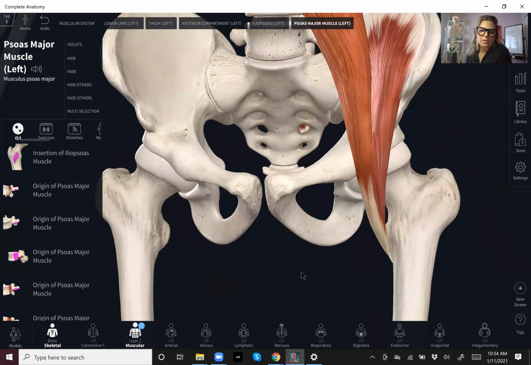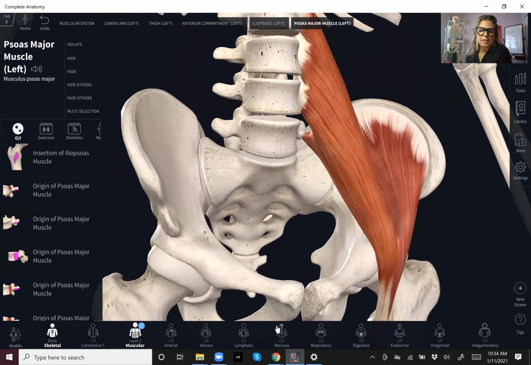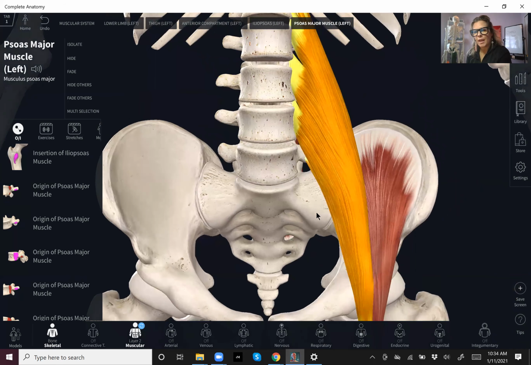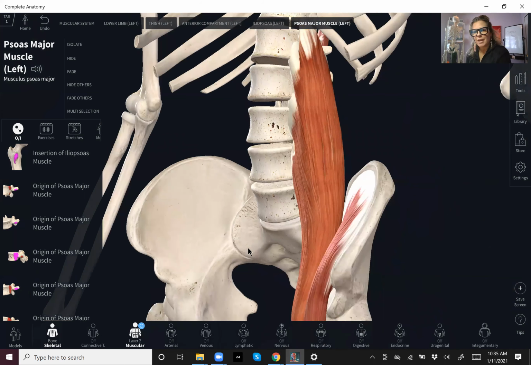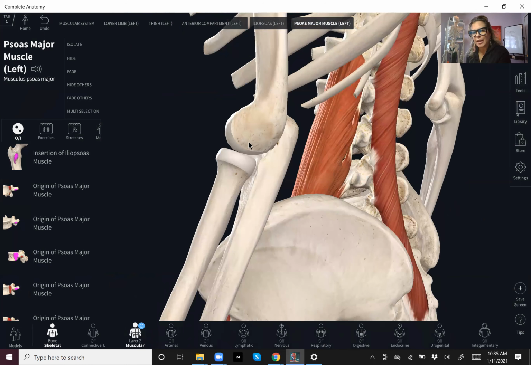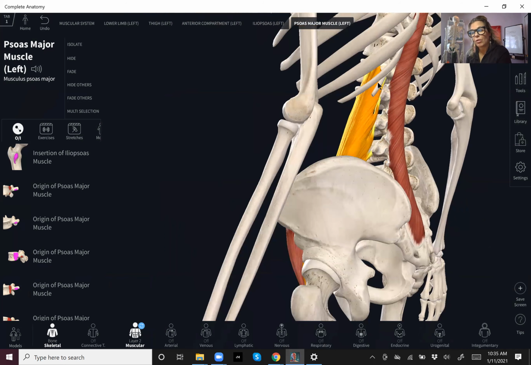So this muscle really helps to keep us in good postural alignment. And what it does is it actually helps us maintain just that slight little lumbar lordosis that we have here. So you can see this, remember this lordotic curve. So we have that curve in the spine and the lumbar section here.